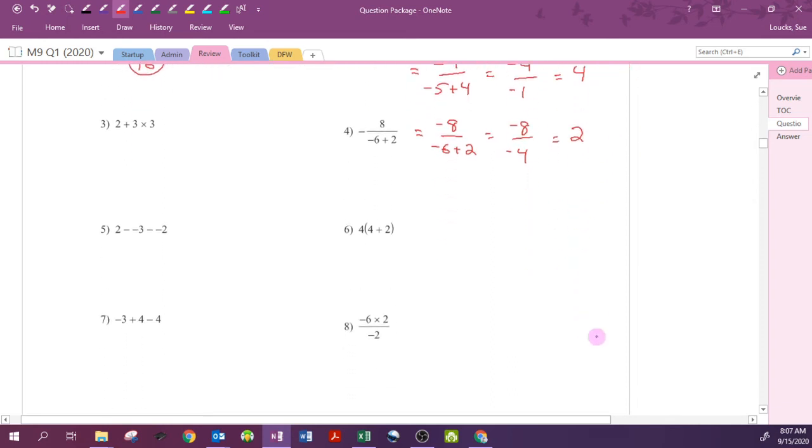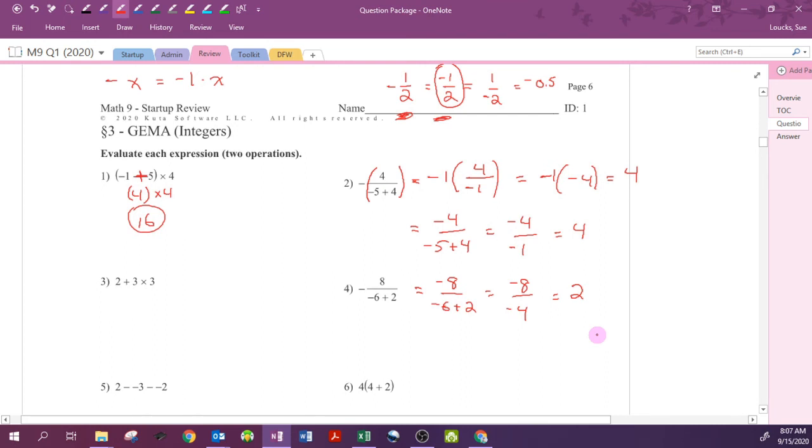I think those are the only examples that I really want to do here. One more thing I want to mention is that when I test you on this, you are required to show your steps. You cannot just write down your answer, because what I'm assessing is your ability to do this work without a calculator, because we will also be doing some of this work with variables, and you can't do that with your calculator.